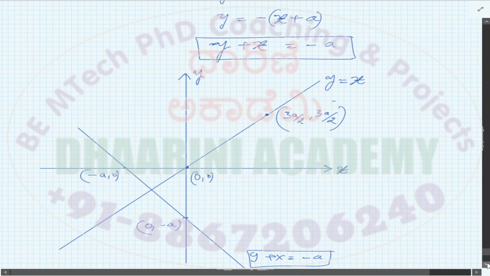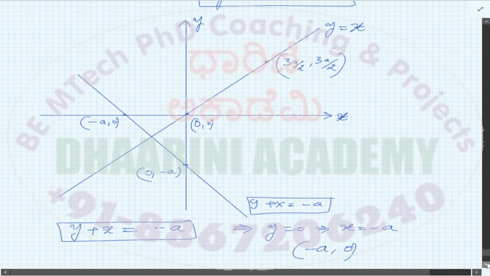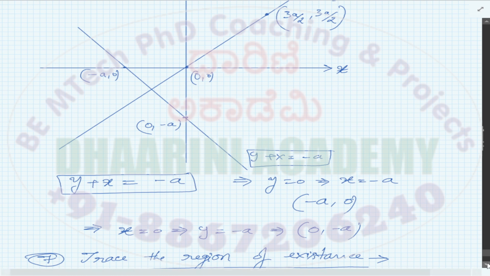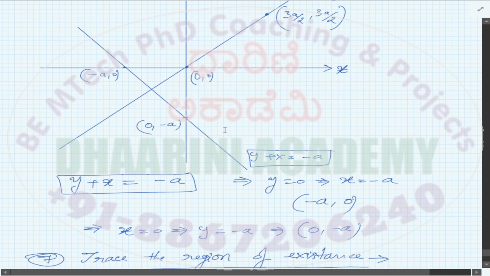To plot this line, I put x equal to 0 and get a value of y, and then I put y equal to 0 and get the value of x. In this case, I get the points -a comma 0 and 0 comma -a. Draw the points on the graph and connect them using a straight line. That line we have shown here.